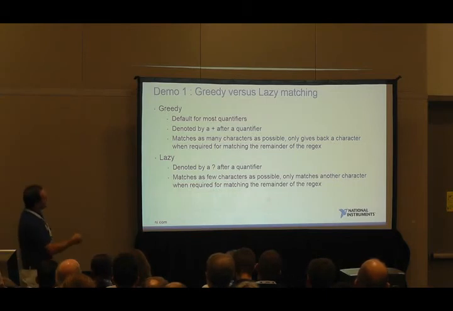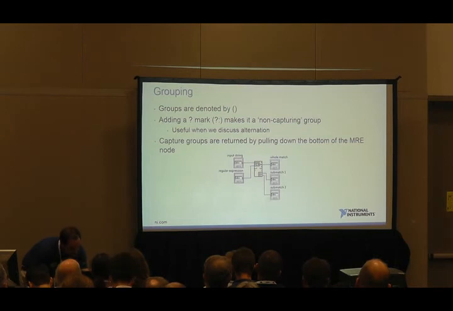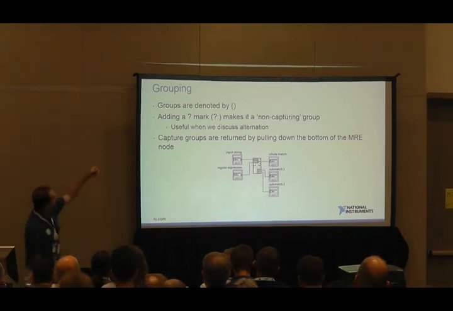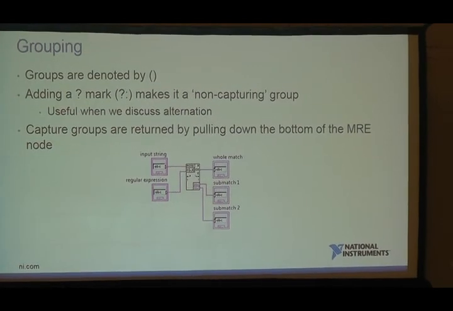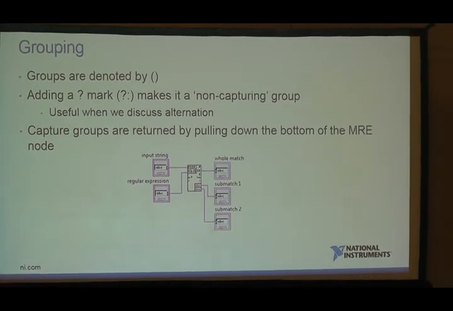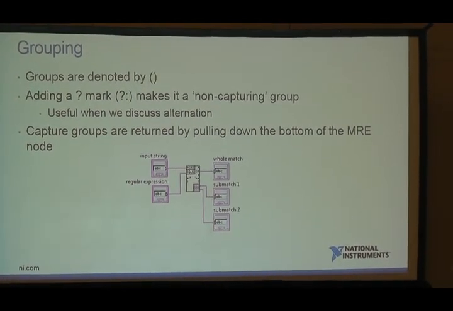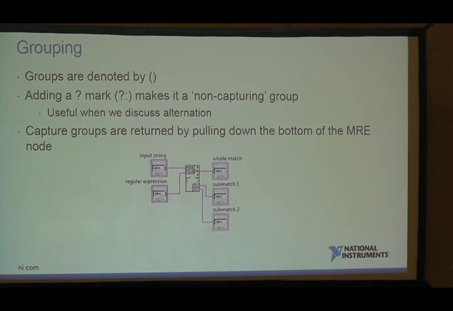So we saw lazy and greedy. We saw the grouping that I talked about with the parentheses. We saw the non-capture group. I'll point out that the capture groups are the ones that, if you take the match regular expression node, as you've seen, you can pull it down and get the outputs.